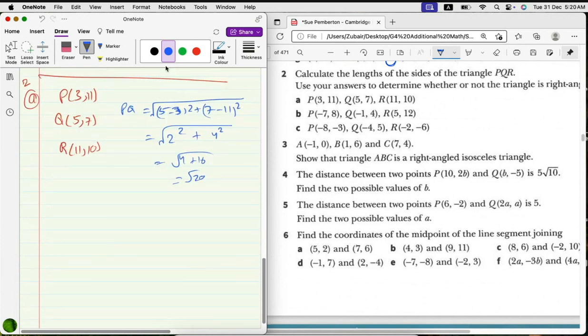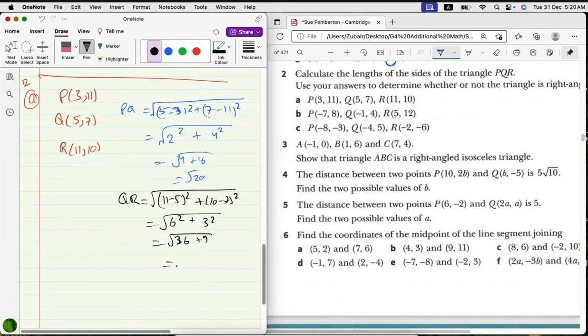And then I'm finding QR: x2 minus x1 whole square plus y2 minus y1 whole square. 6 square, 3 square, 36 plus 9, square root 45.